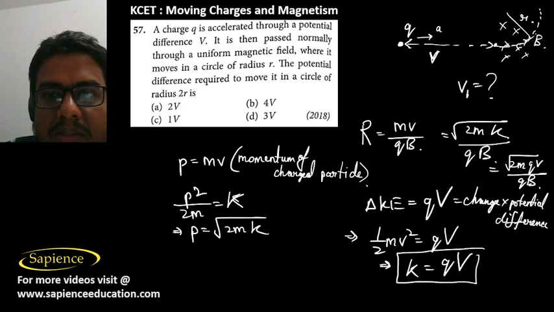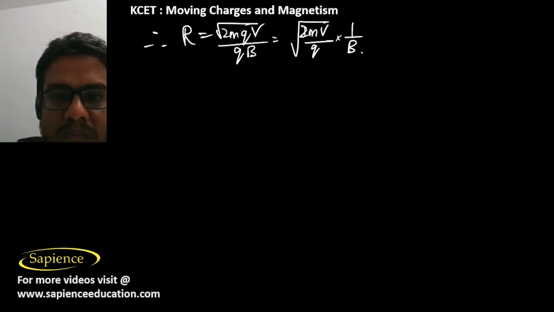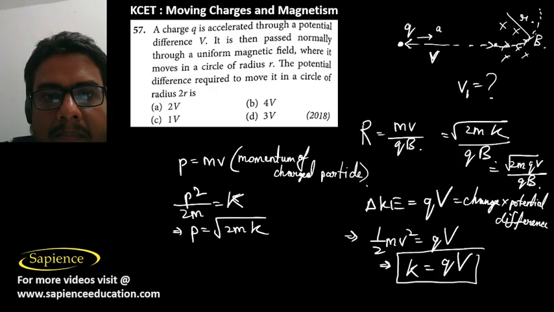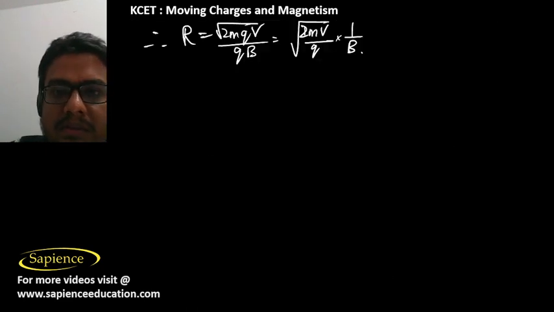Therefore the radius of the charged particle is given as root over 2mV by q into 1 by B. Okay, so now the radius is this. So this radius is told to be r.